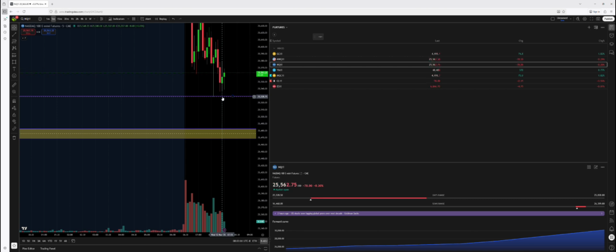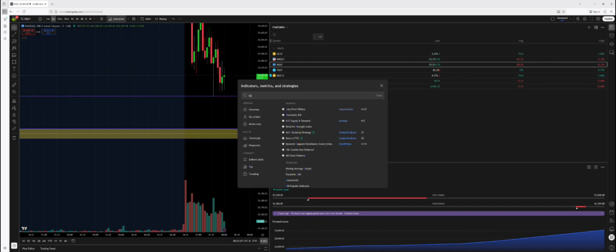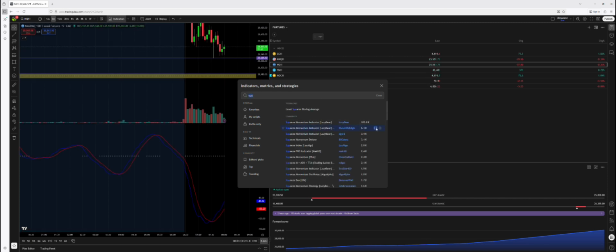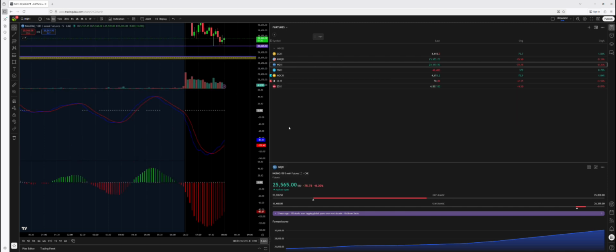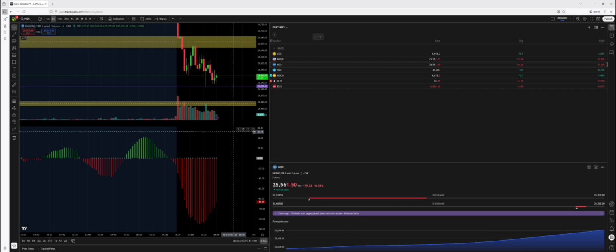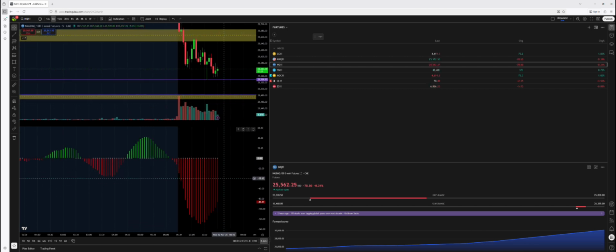Now occasionally I will add other confluences like the squeeze momentum indicator, but that's rare. That's only sometimes. It's this one right here. It even tells us that we're bearish, which I've confirmed on the daily.